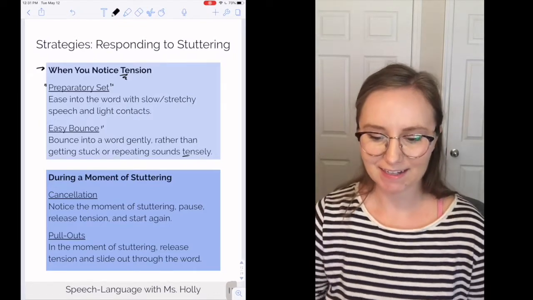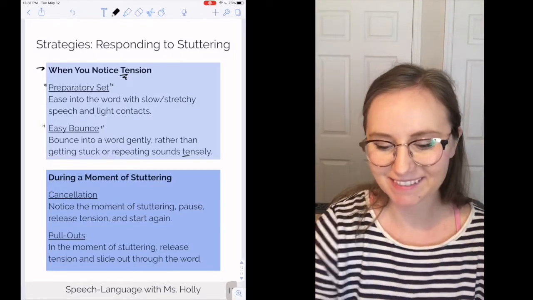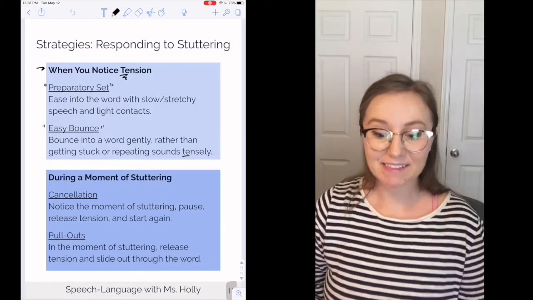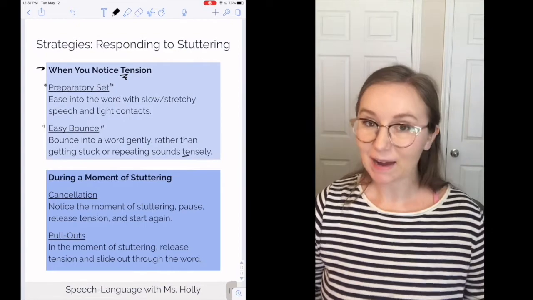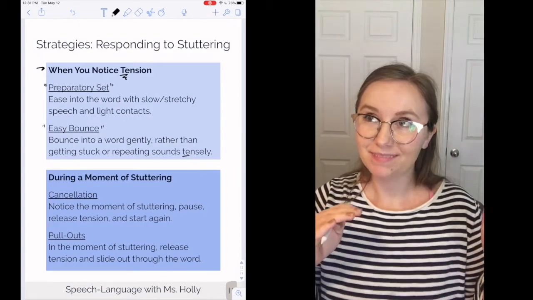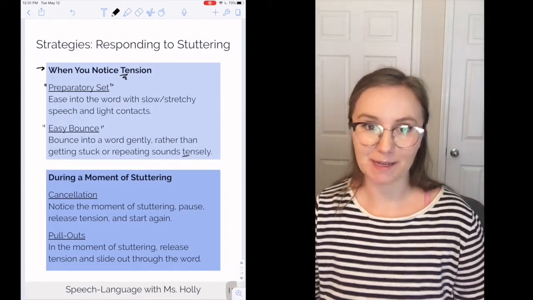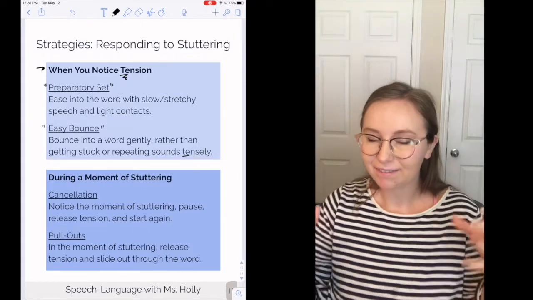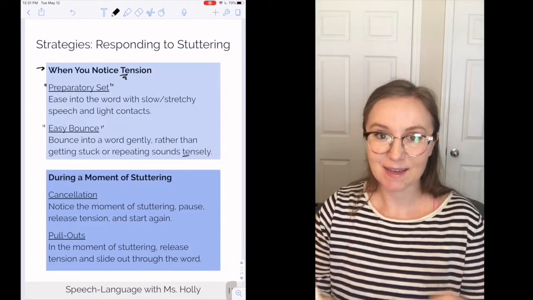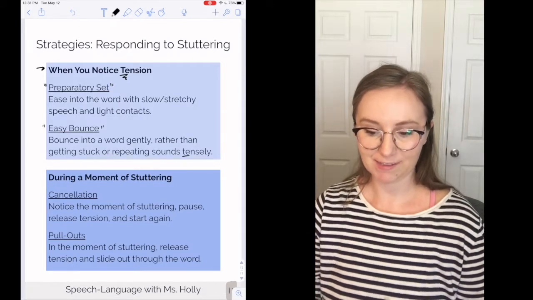This next strategy is called the easy bounce. This is where if you feel like you're gonna stutter on a word, what you actually do is you go ahead and incorporate a bounce on purpose, which might sound a little strange, but rather than getting really stuck and doing it tensely, you have total control over the bounce.